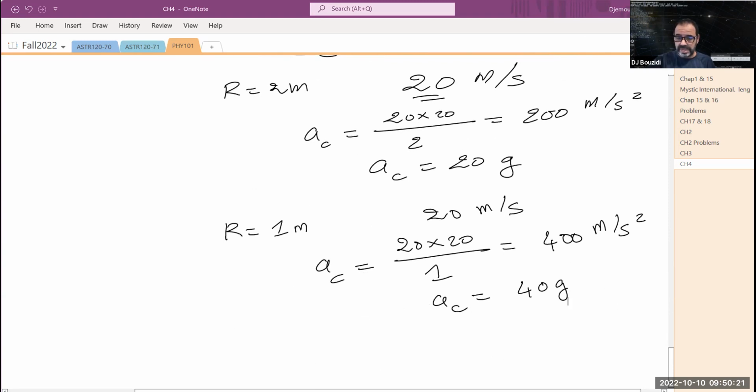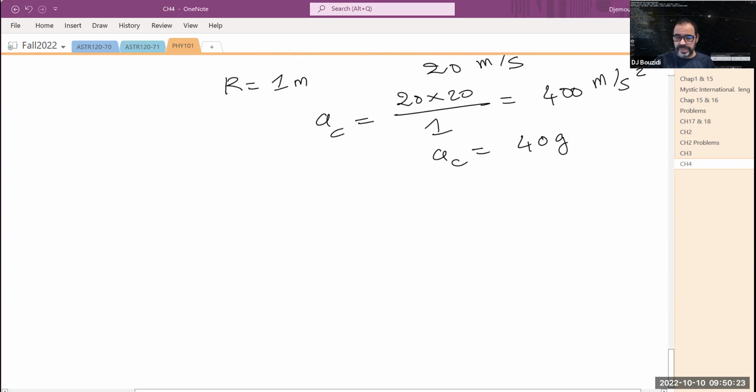The point I'm trying to make here is, now we have graduated from one-dimensional motion. Now we are talking about more than 1D motion, and we started with circular motion. Circular motion shows us acceleration in reality. And acceleration in this case has 2 components. In more general cases, this could be far more complicated.